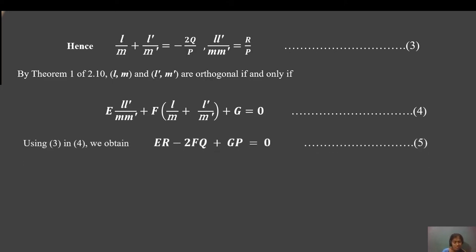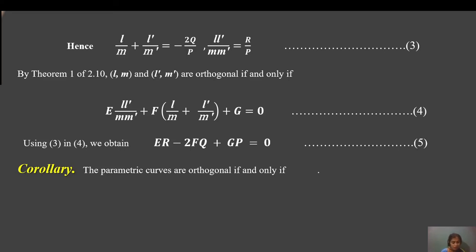Solving this condition, we easily obtain the value; putting it into the equation, we get ER minus 2FQ plus GP equals 0. This gives the condition, equation 4.